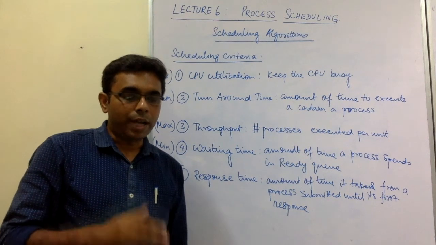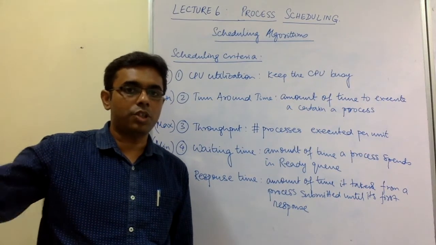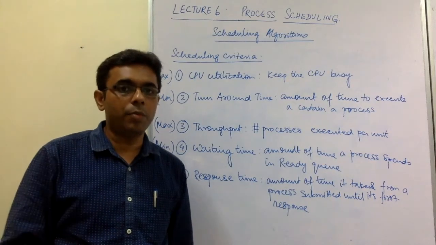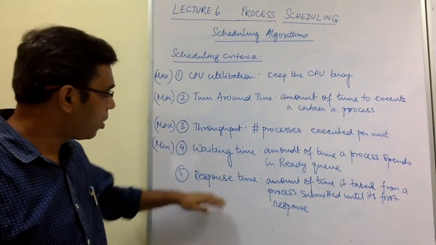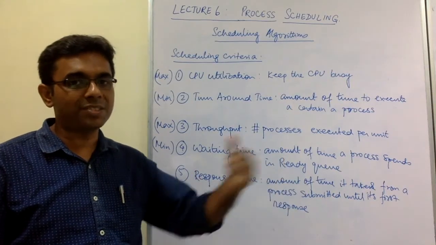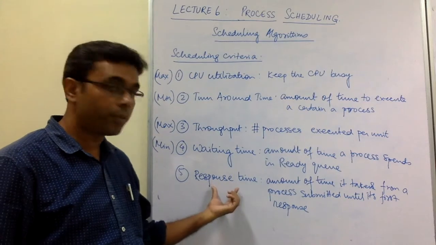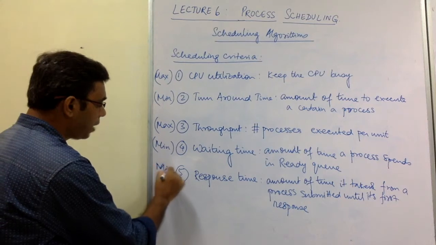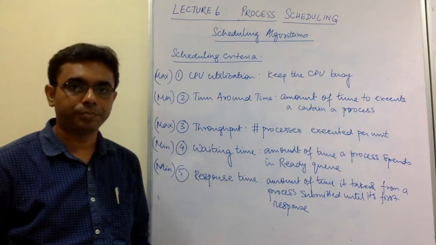Now, the time at which it arrived and the time at which its first burst got its chance to be executed, the duration between these two instances is what we call the response time. And the aim of any scheduling algorithm should be to have a minimum response time.